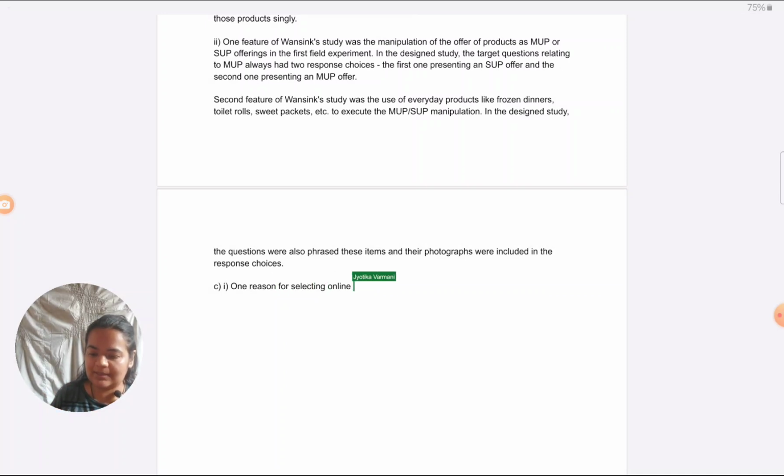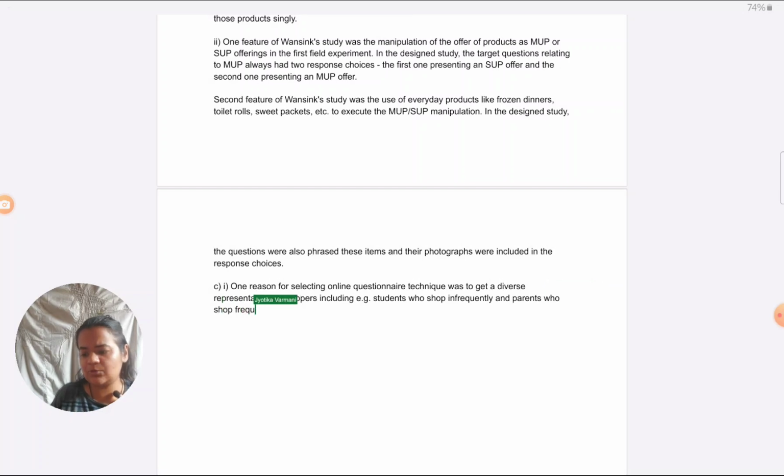Online questionnaire technique was to get a diverse representation of shoppers, including, for example, students who shop infrequently and parents who shop frequently, as also those of various ages, genders, income levels in the study.